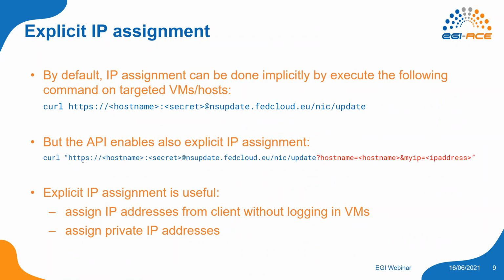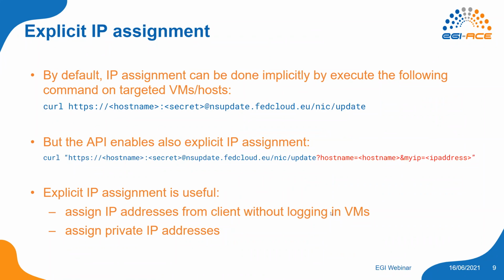It means that you can explicitly give the hostname and the IP address here. Explicit IP assignment is useful mainly if you want to assign an IP address from some controller, some deployment script, or some client machine without logging in to the VM.